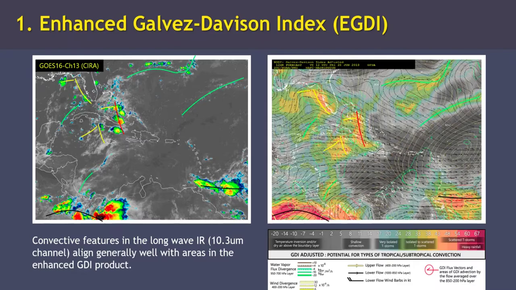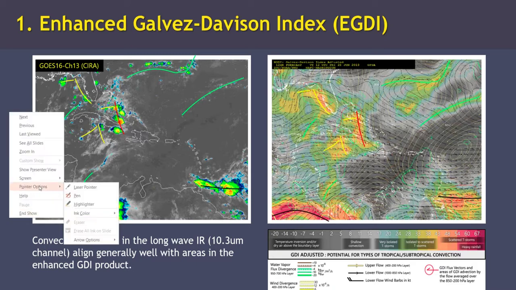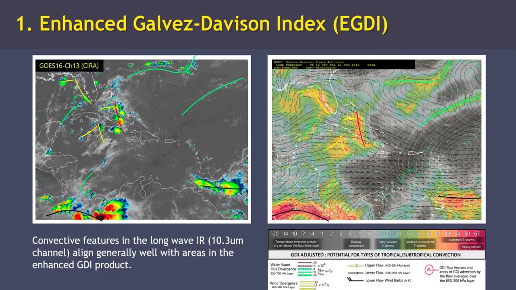And this is another example that shows the enhanced GDI for a random case in the Caribbean basin. We pointed out with lines, these black lines are showing areas where we would expect strong convection. And if you look at the image on the left, you can see that indeed we have very strong convection along the ITCZ off the coast of Colombia and Southern Central America. This is also a northerly displaced ITCZ.